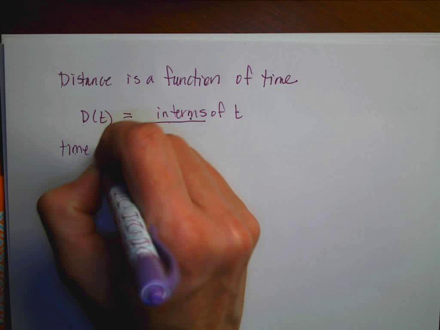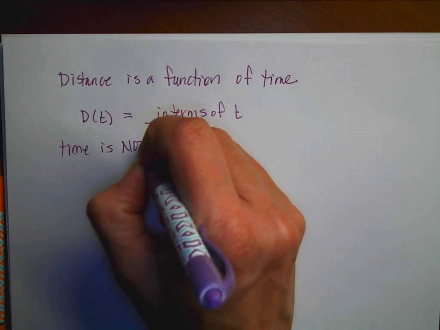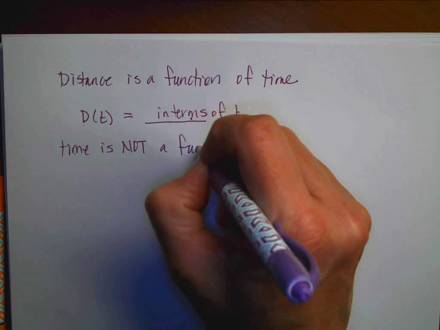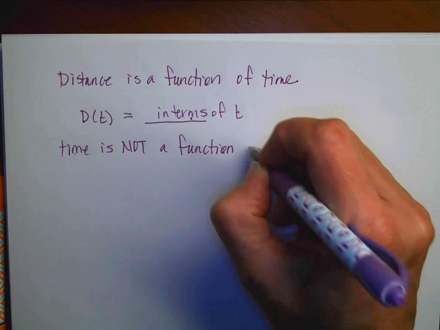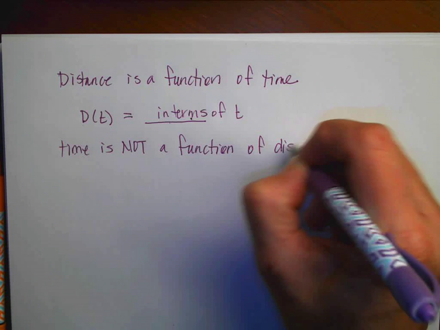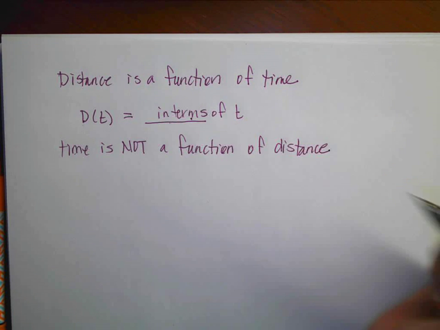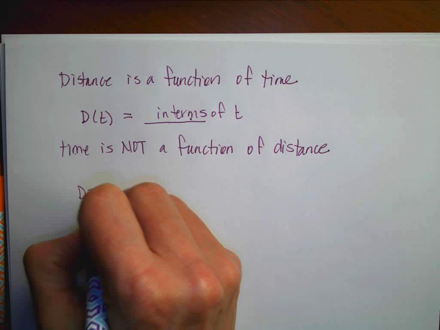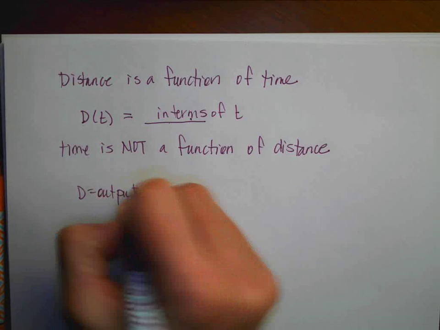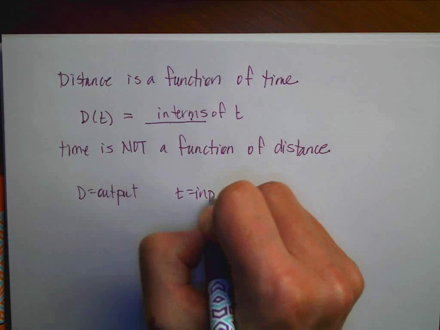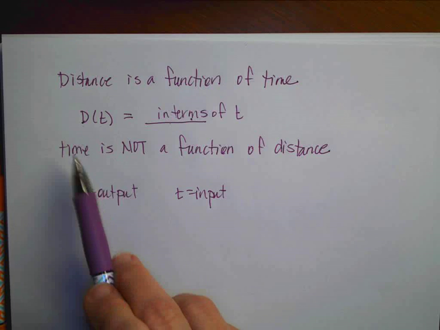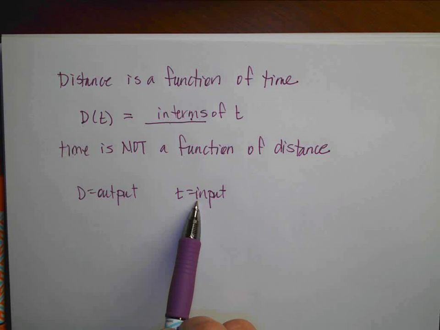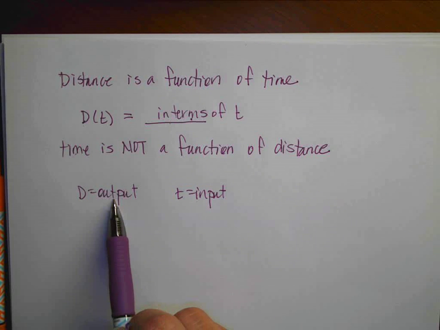I would point out that time is not a function of distance. And if you think about this with independent and dependent, or input and output, okay, D is the output, T is the input. So a function can't be in terms of the input, it has to be in terms of the output.